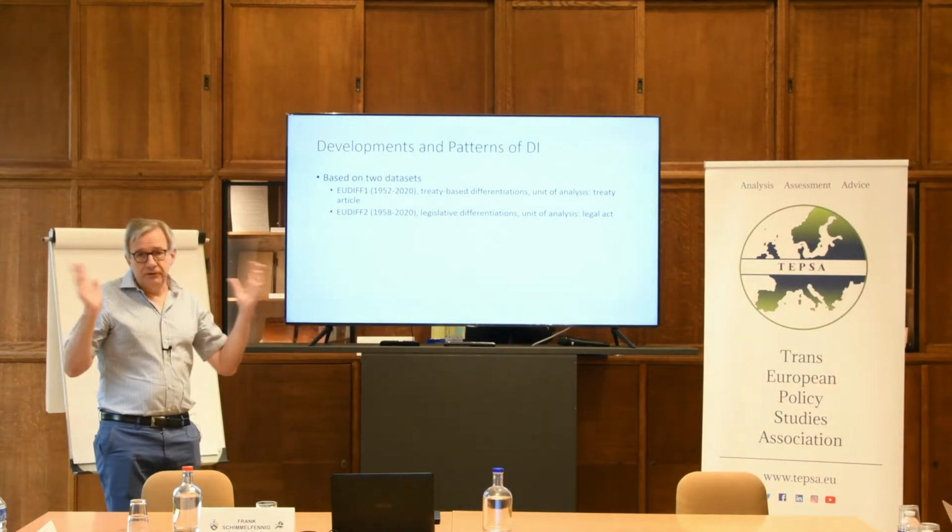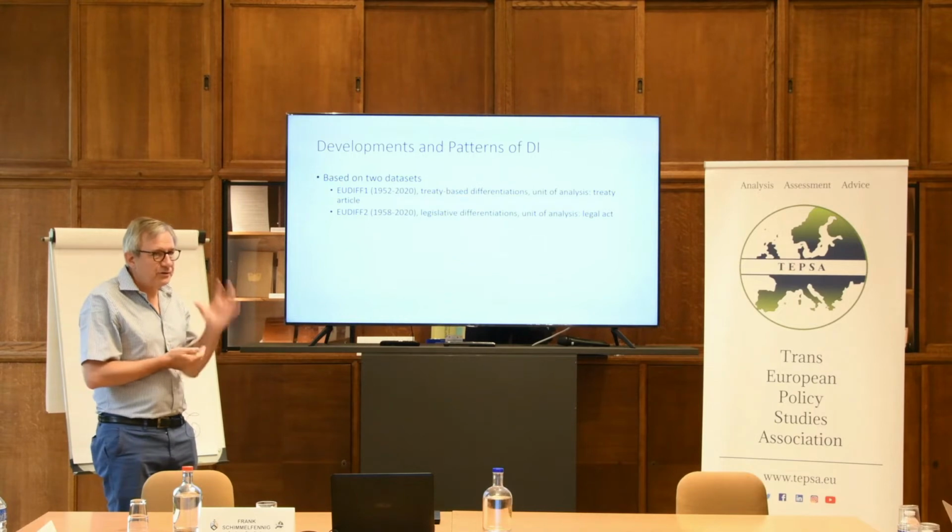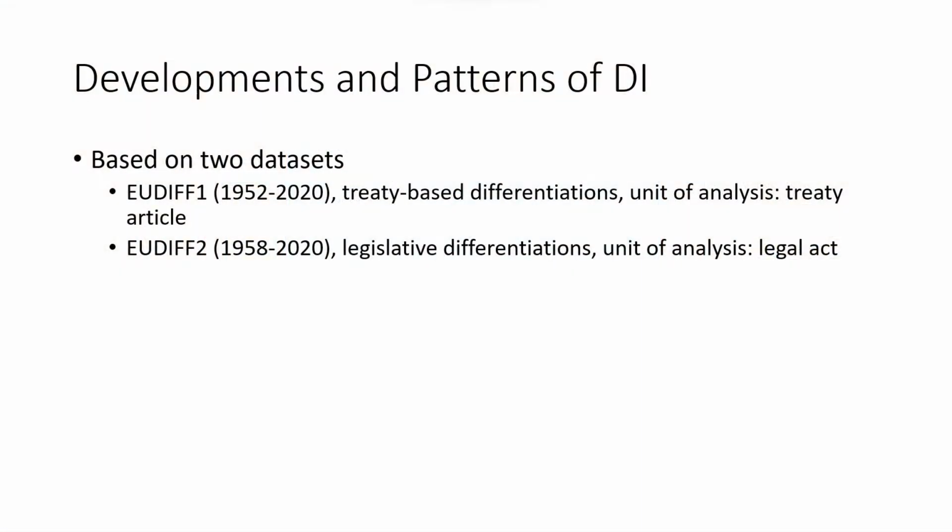If you are interested, there are two data sets. One on treaty-based differentiations, where the unit of analysis is the treaty article. We code whether any treaty article is differentiated and which countries are excluded or exempted. And then we have a data set, EU Diff2, which is on secondary law, legislative differentiations, where the unit of analysis is the legal act.